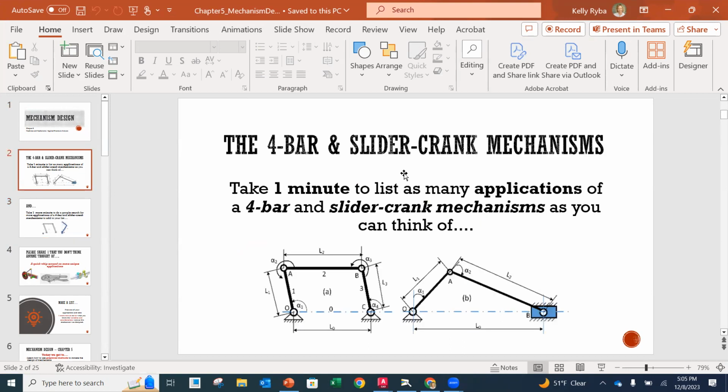So our first slide here, I want you to just take a minute. We've been looking at 4-bar mechanisms and slider crank mechanisms, and we've been all along identifying different types of applications of these mechanisms in the real world.